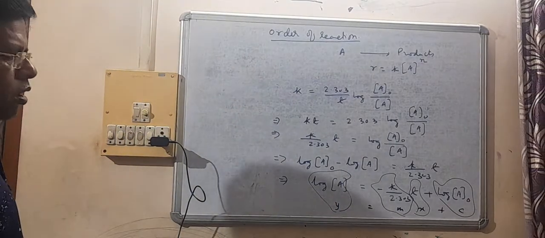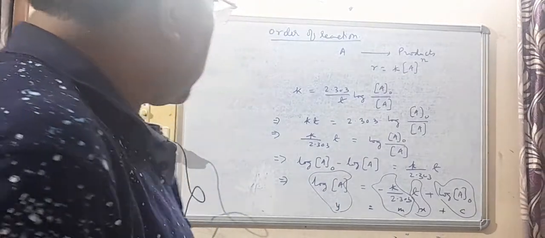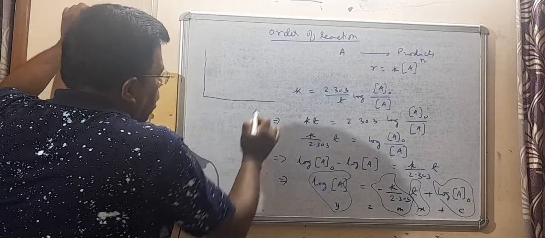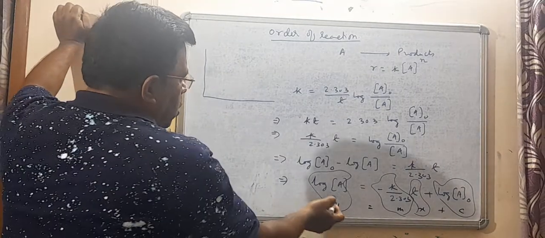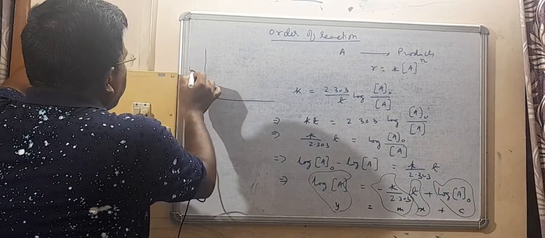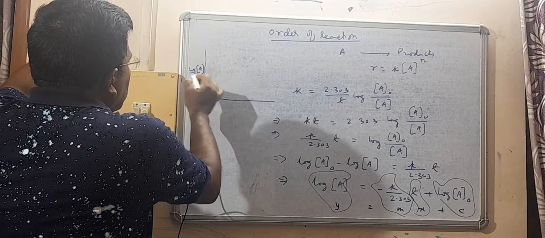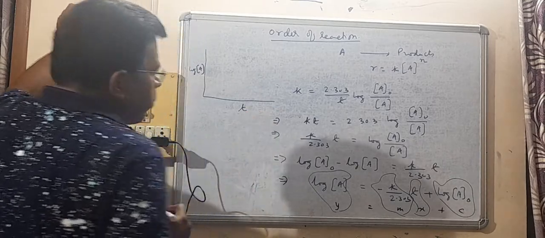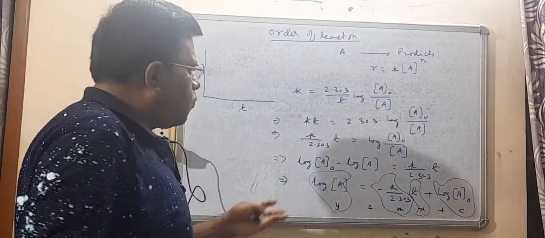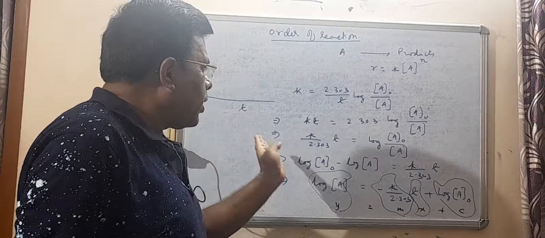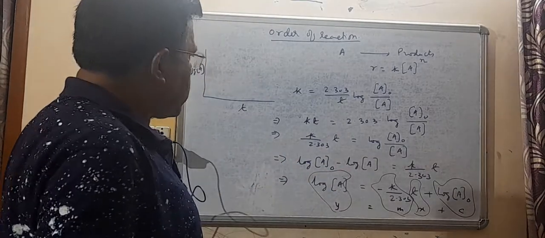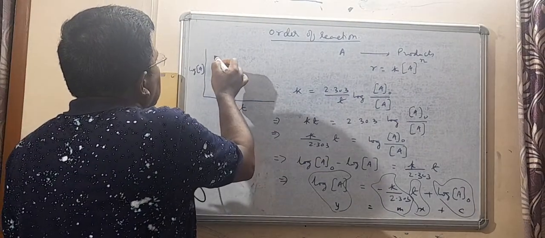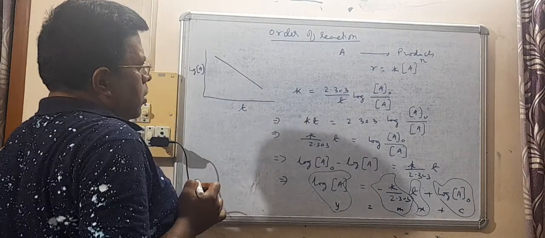Since we know the graph of y equal to mx plus c is a straight line, that means if we plot log A versus t, we should get a straight line with negative slope, like this, negative slope.